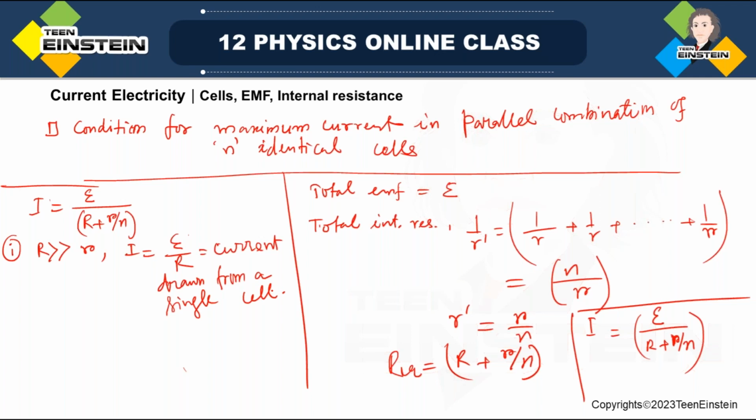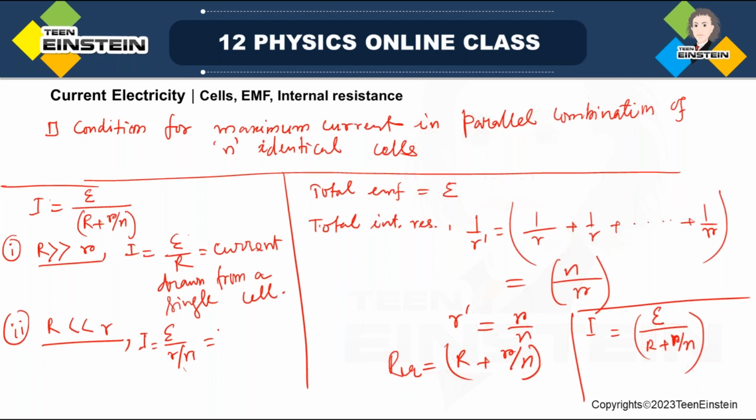Okay, this is the current drawn from a single cell. Now let us take the second condition. If R is much less than r, what is going to happen now? In this case, this term can be neglected, so we get I is equal to nE by r.